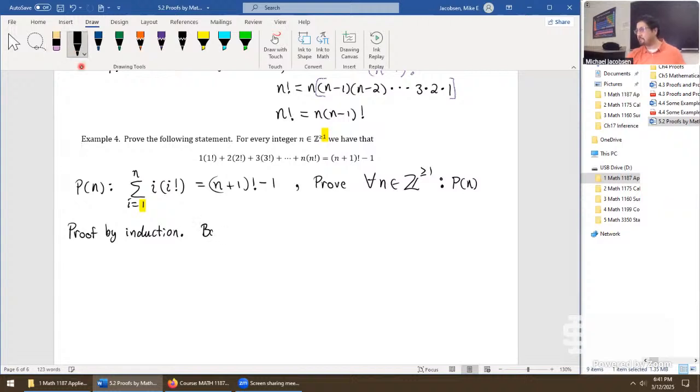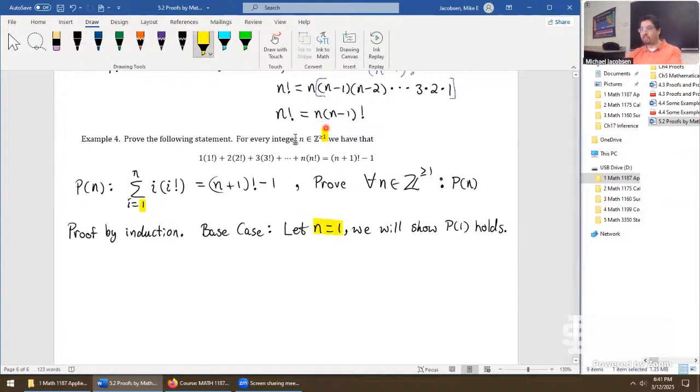This is the base case. And now we can say let n equal 1. We will show P of 1 holds or is true. Okay, starting at 1 only because of here. Also, it's where the summation starts.